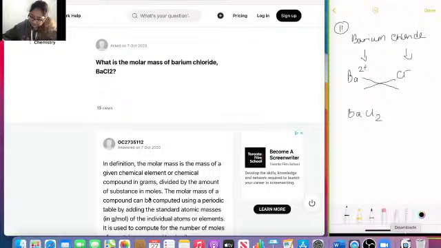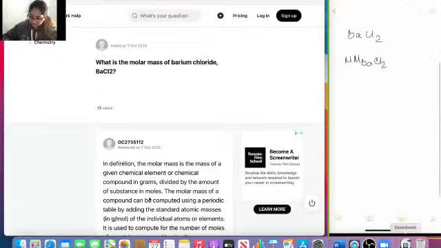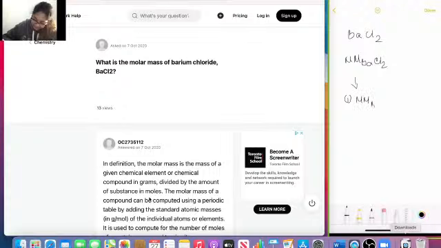Okay, so now they're asking us to find the molar mass of barium chloride. The first step is to find the individual molar mass of the elements. In this case, let's find the molar mass of barium.